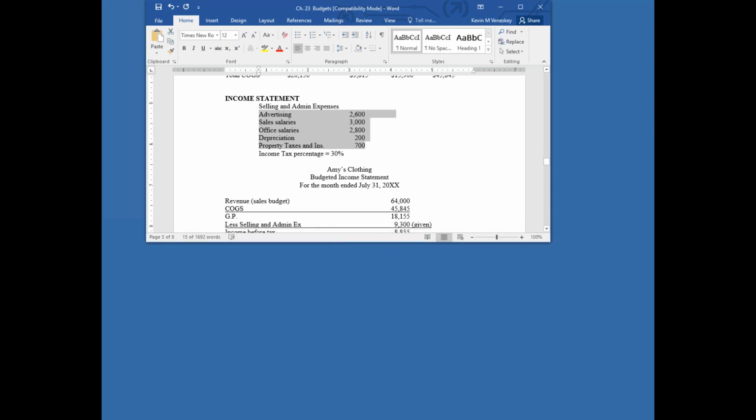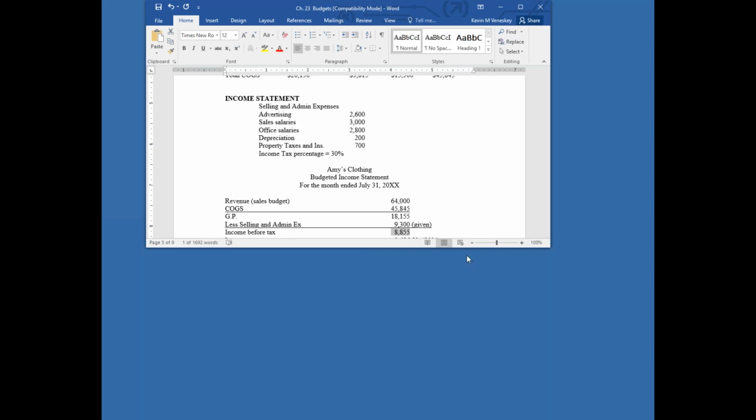Then I'm going to subtract out all of my selling and admin. So all of these costs together give us $9,300. When I take my gross profit minus all of the selling and admin expenses, I'm left with a profit of $88.55, and we call that income before tax, or net income before tax.